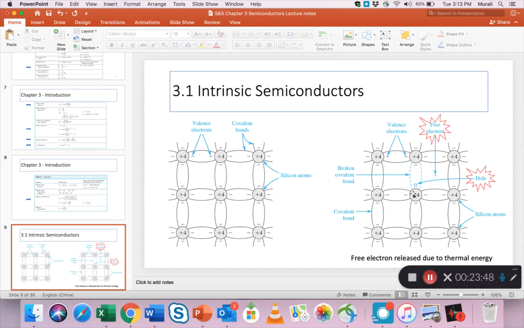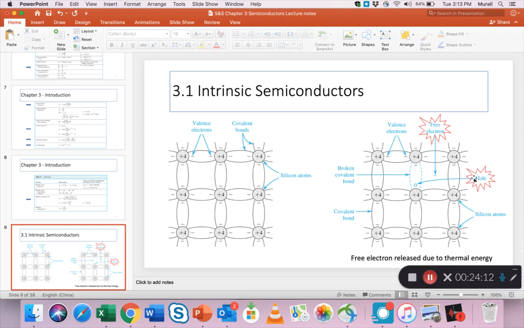It's not held in a bond, and so this dashed bond is called a broken bond. This broken bond has created a loose electron, a free electron, and in its place there is what's called a hole. A hole is the absence of an electron.